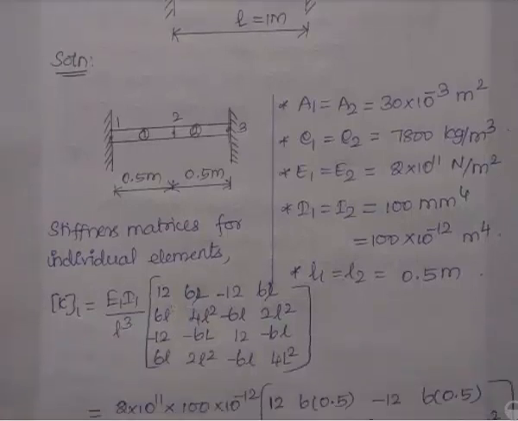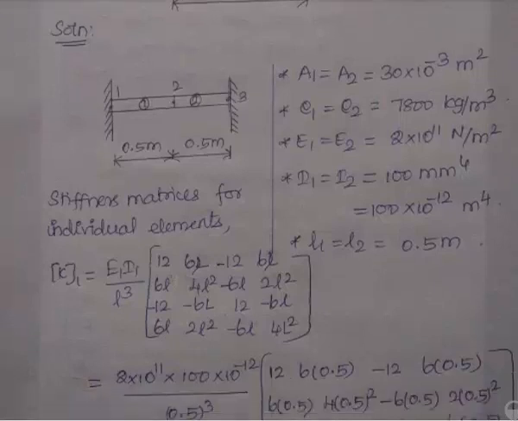We can start the problem by framing the stiffness matrices for the individual elements. We know the formula for the stiffness matrix of a one-dimensional beam element, EI by L cube times a 4 cross 4 matrix.